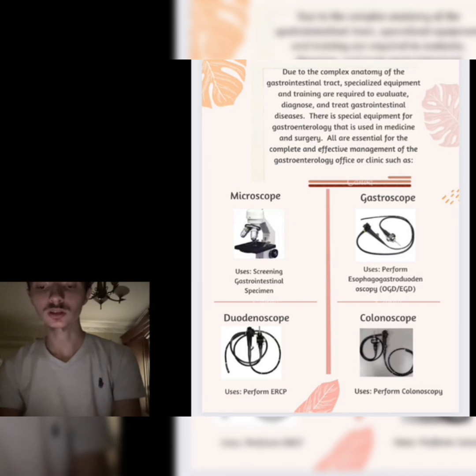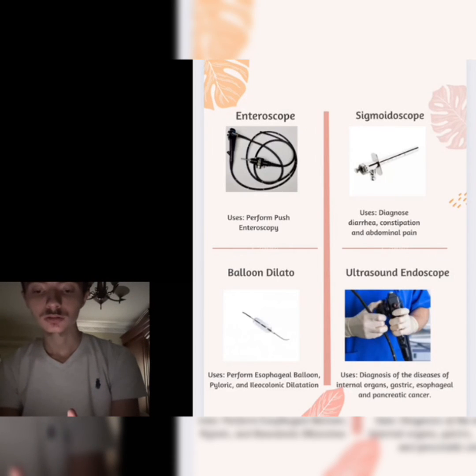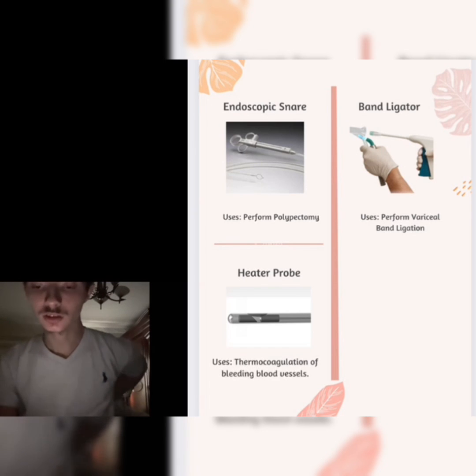They are all necessary for complete and effective management of a gastroenterologic office or clinic, such as the microscope, duodenoscope, gastroscope, colonoscope, enteroscope, sigmoidoscope, balloon dilator, ultrasound endoscope, endoscope snare, band ligator, and heater probe.